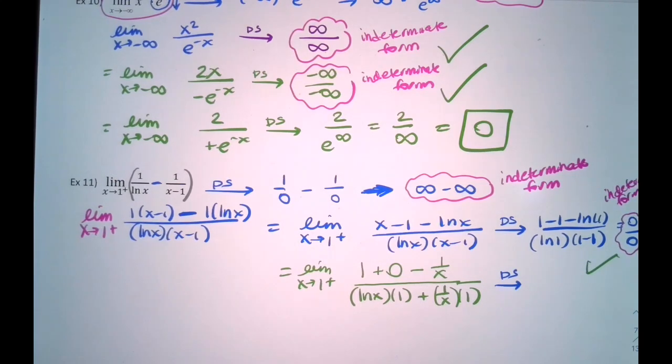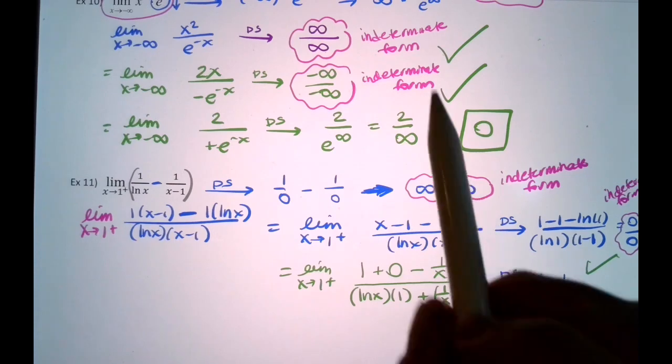So when I plug in 1 for x, I end up with 1 minus 1, which is 0. I end up with 0 times 1 plus 1 in the denominator. So, did I do that right? Oh, I have a little mistake in here. Let me fix that.